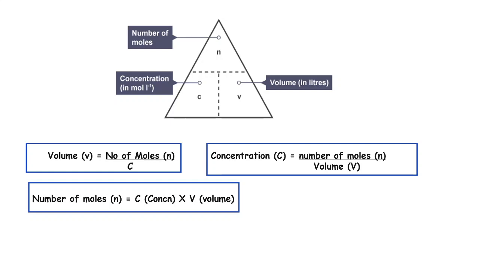For example, the volume is equal to the number of moles divided by the concentration, and the concentration equals the number of moles divided by the volume. Makes things easy and simple. And the number of moles at the same time equals C times V, concentration times volume.